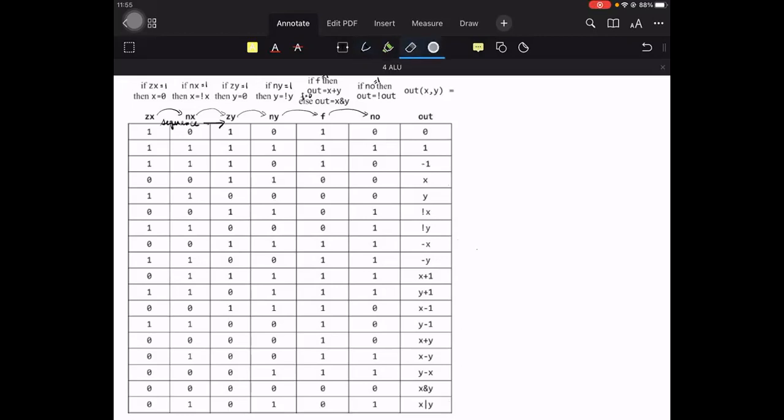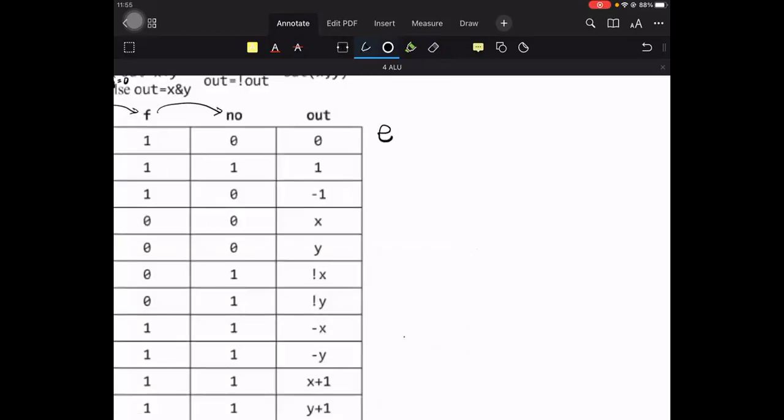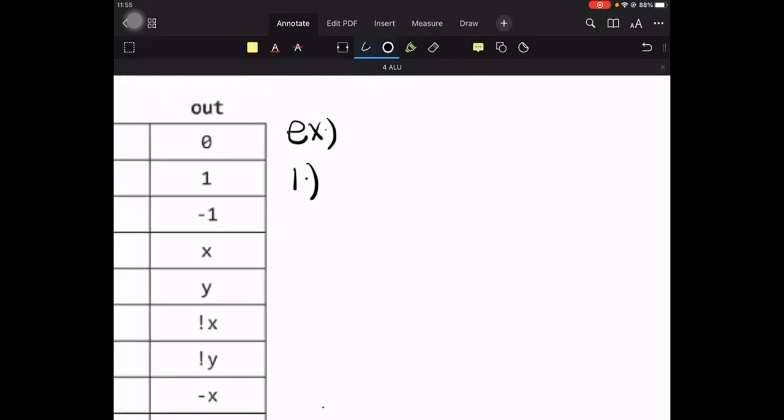Let's try to solve some examples. It's just a demonstration. Let's try an opcode of 001101.